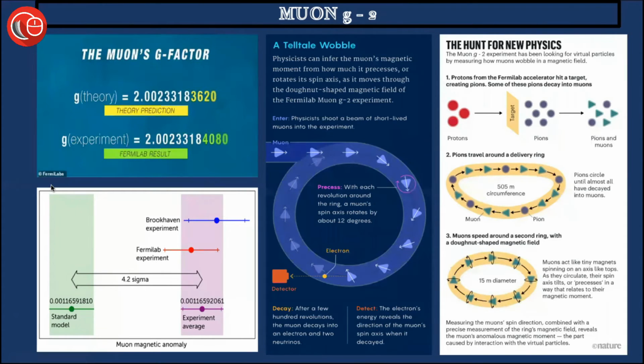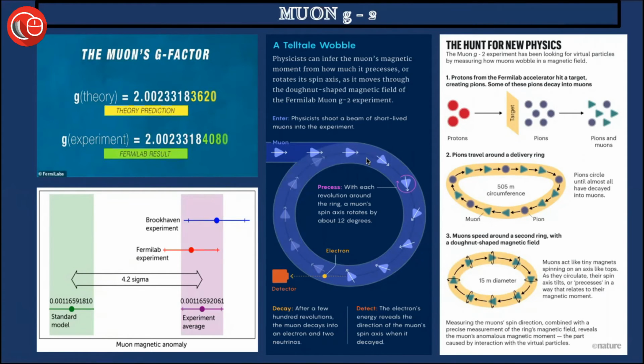However, the new experiment at Fermilab shows that the value of G is 2.002331848080, and this is a very important subatomic particle, which is important in many physics experiments, like other subatomic particles such as electrons, protons or pions, etc.